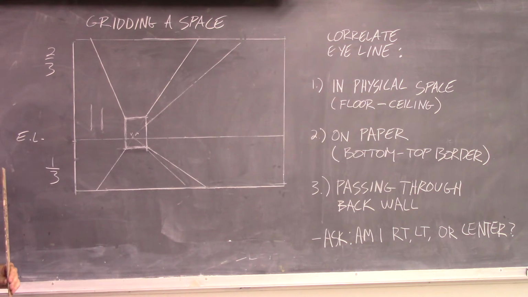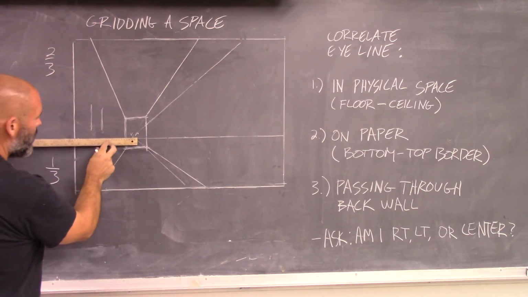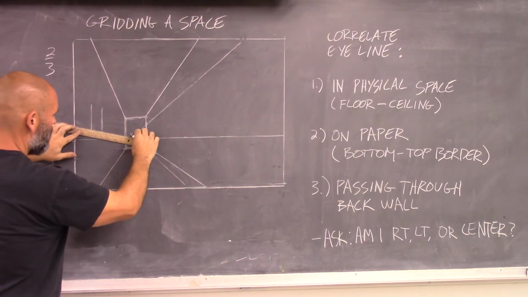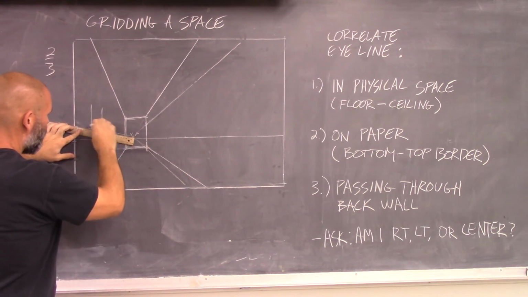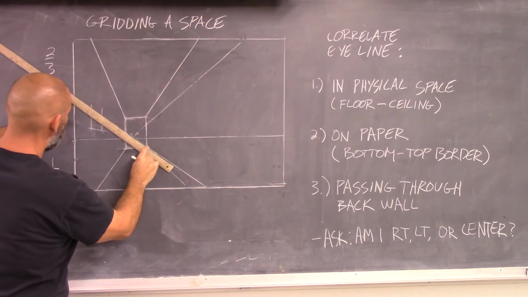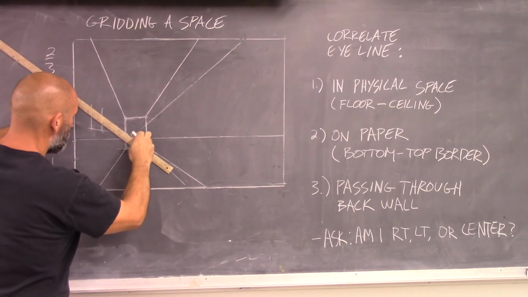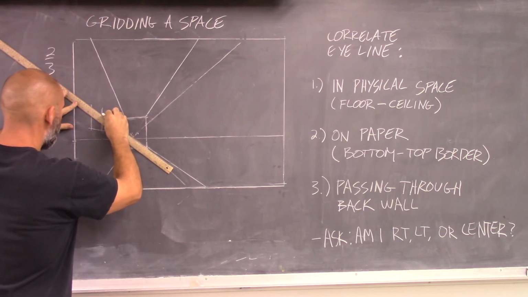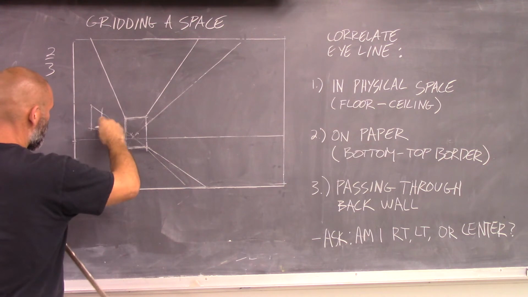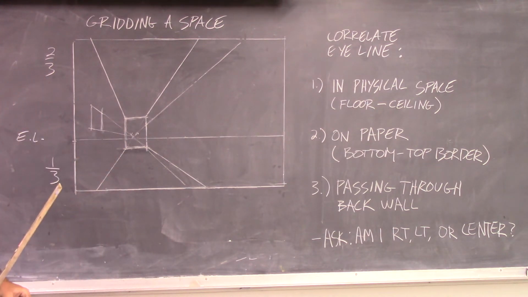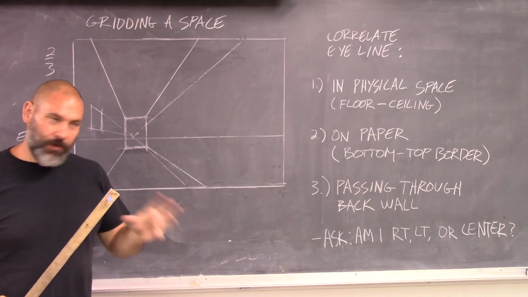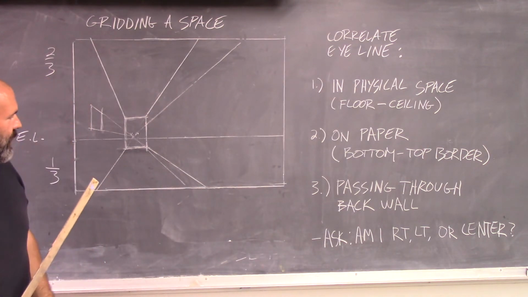Remember your verticals are always vertical. These horizontals then, again, will come from that angle, from that vanishing point. Okay? This starts to give you, again, a really basic sort of impression of a space in perspective.